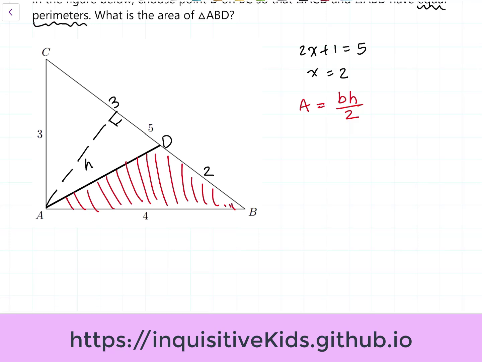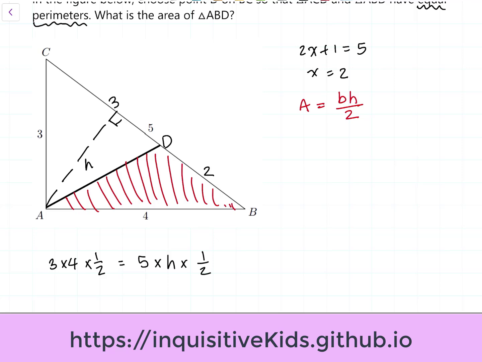And let's think about it. The area of triangle ABC never changes. We already know the area of triangle ABC is 3 times 4 times 1/2, using its other pair of base and height. We know that this area is the same as if we multiplied 5 to h and to 1/2.